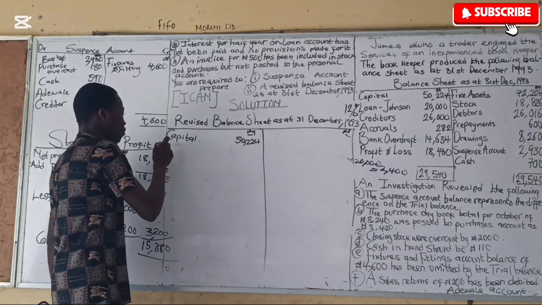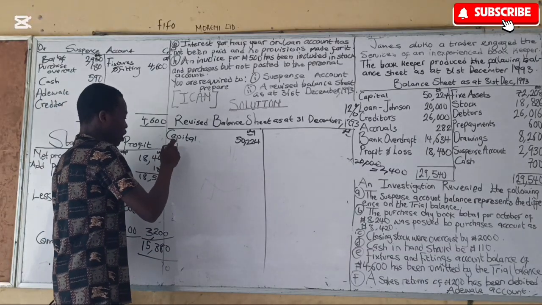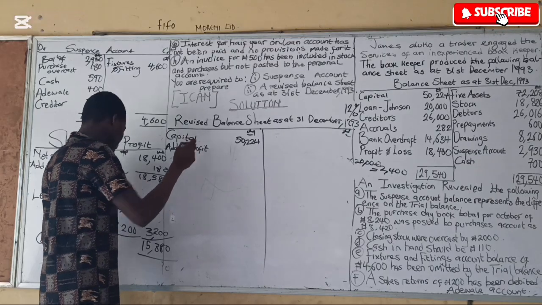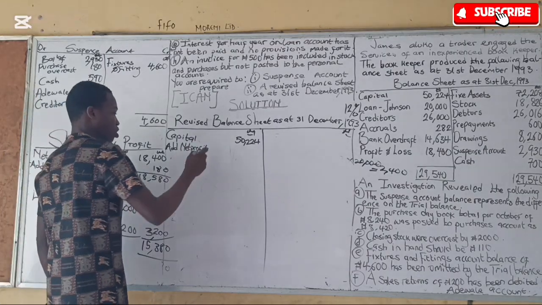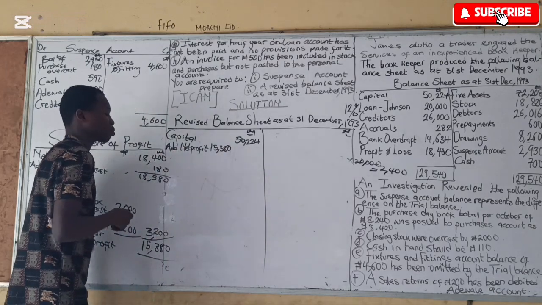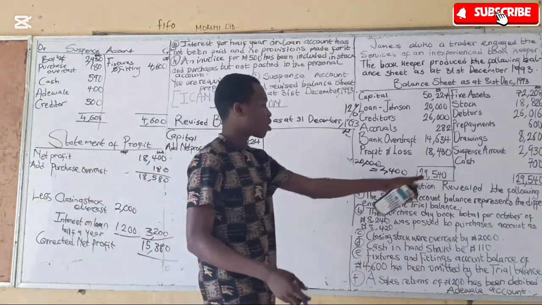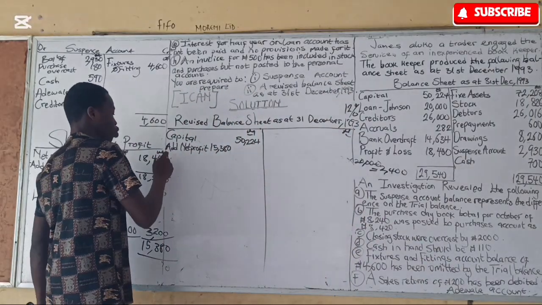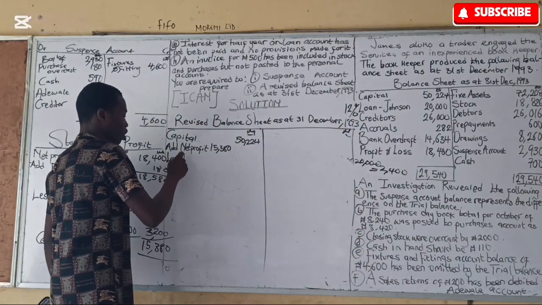Now, after capital, we do what? We have our net profit. The net profit is 15,280. Then we have drawings. Drawings is coming to this side, so we subtract our drawings, right?